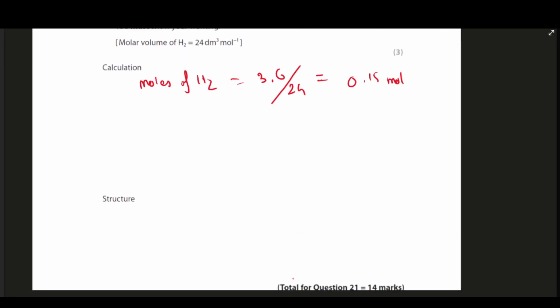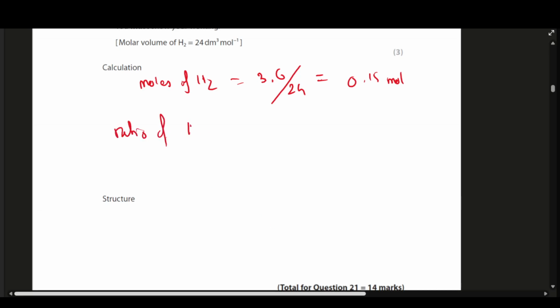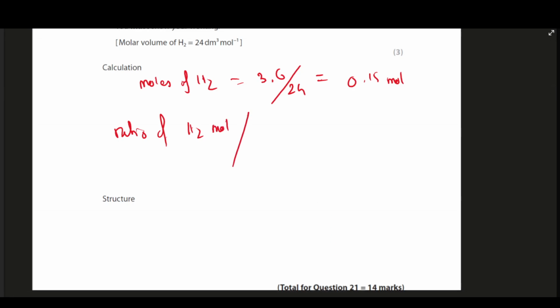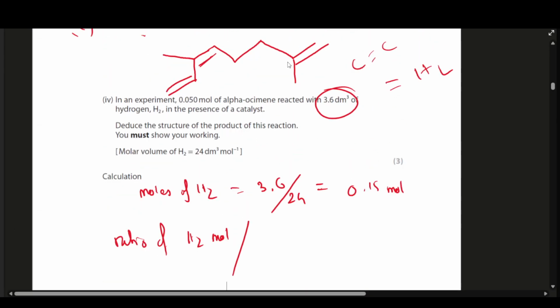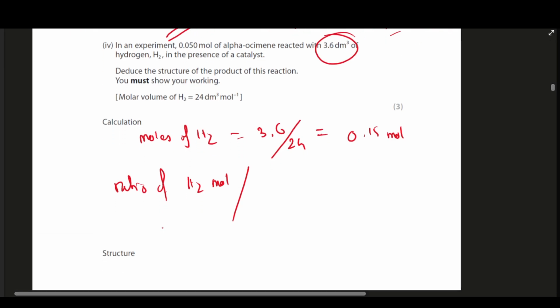Well, you can just find the ratio of hydrogen mole divided by alpha oximine mole, since they already provided you the mole of alpha oximine.